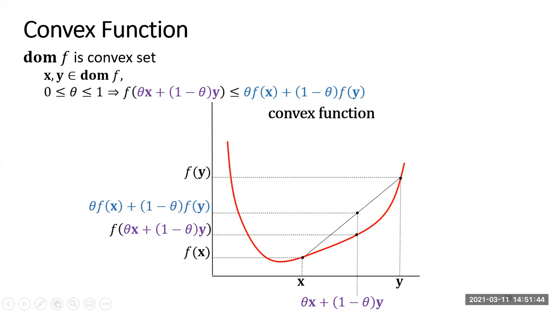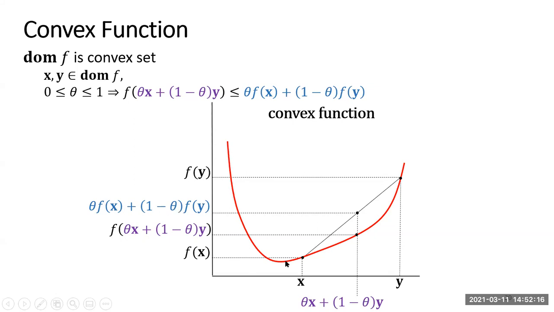So this is theta fx plus 1 minus theta fy, which is the right-hand side. And this, we saw earlier, was f of theta x plus 1 minus theta y. So you can clearly see that f of theta x plus 1 minus theta y, which is this one here, is less than or equal to theta fx plus 1 minus theta fy.